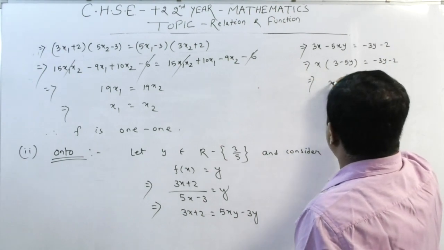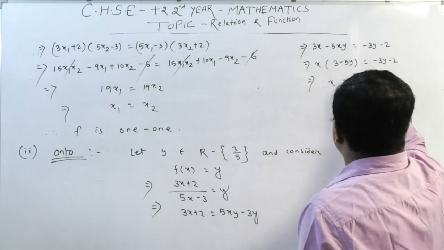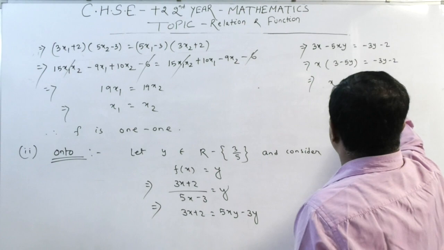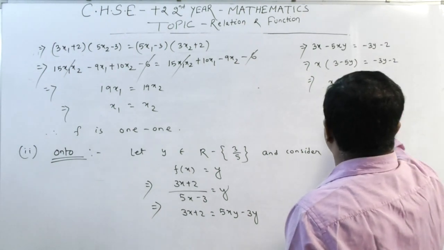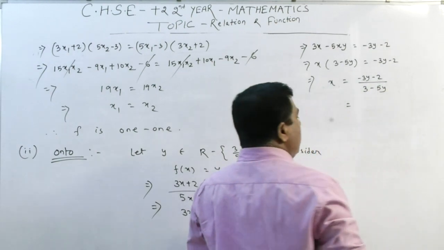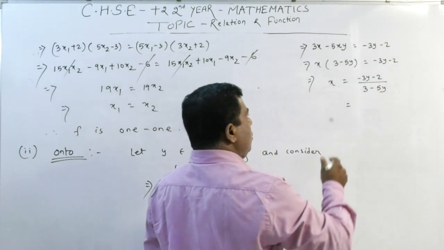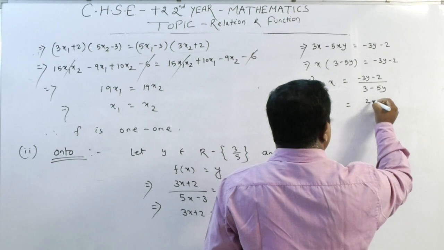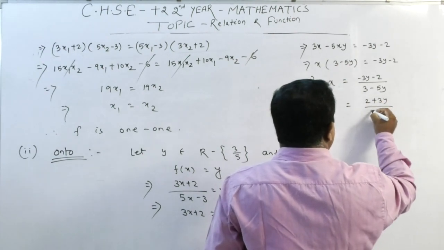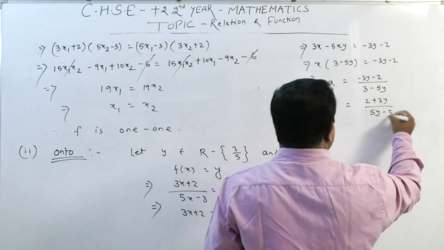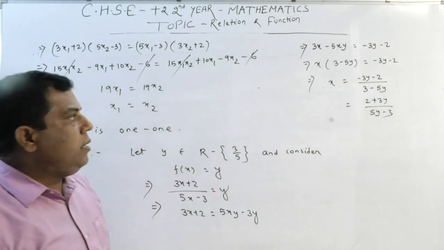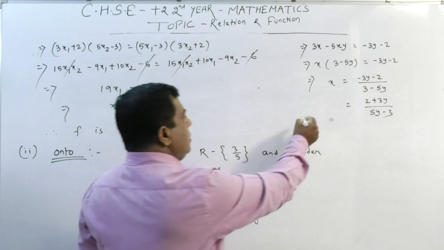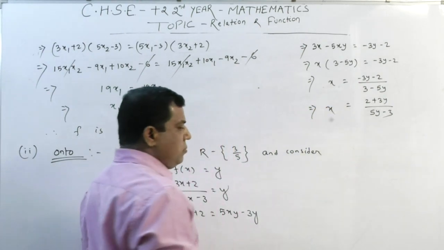Or I can say x is equal to (-3y - 2) by (3 - 5y), or by taking a common minus in both numerator and denominator and cancelling it, x = (2 + 3y) by (5y - 3). This is the way to find the value of x.